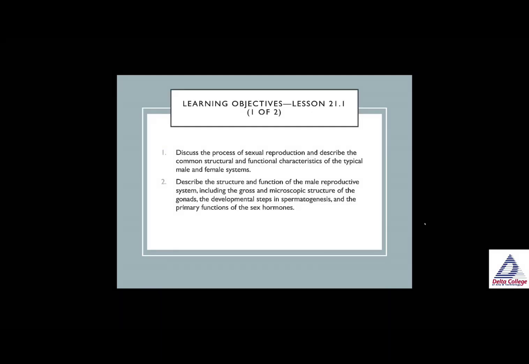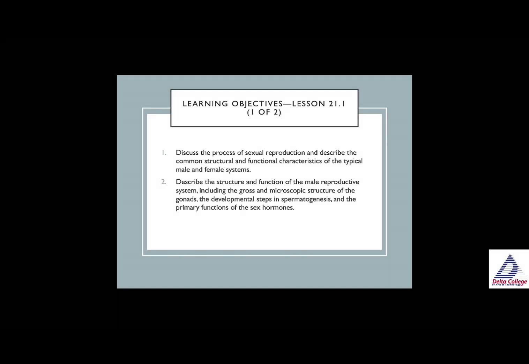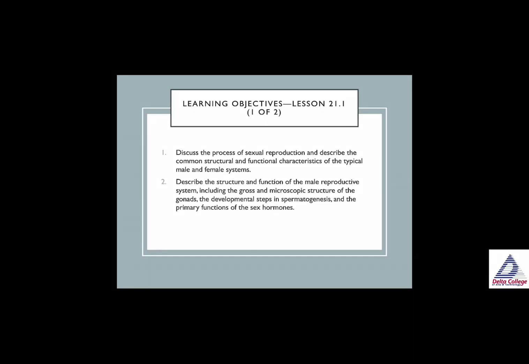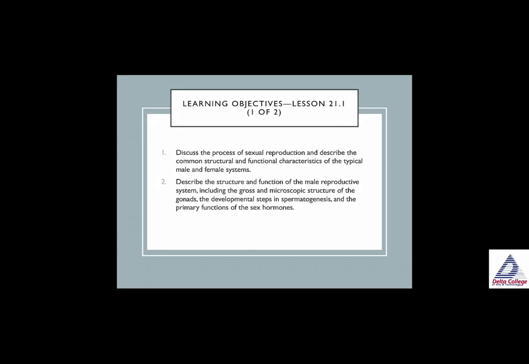So let's talk about other stuff we're going to learn here. Discuss the process of sexual reproduction and describe the common structural and functional characteristics of the typical male and female systems. Describe the structure and function of the male reproductive system, including the gross and microscopic structure of the gonads, the developmental steps in spermatogenesis, and the primary functions of sex hormones.